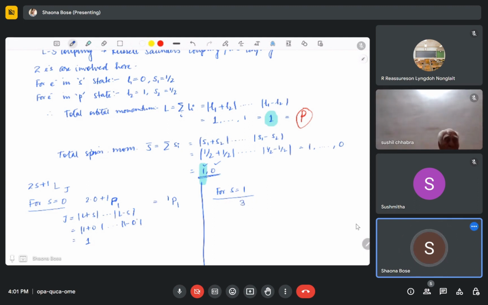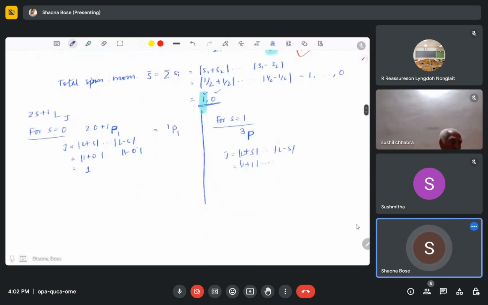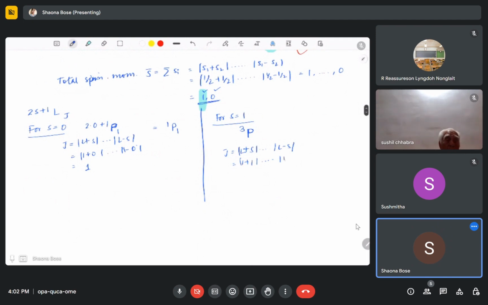So this is 3, and as you know, the orbital angular momentum is P. Now J will vary, because in LS coupling, J is from L plus S to L minus S, so that will give 1 plus 1 to 1 minus 1, right?